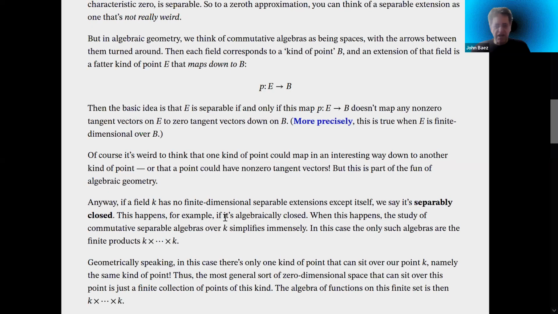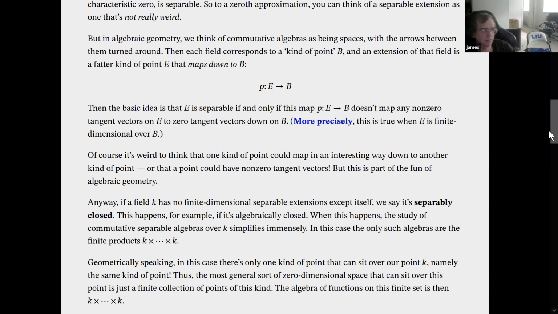So then it turns out that all the commutative separable algebras over that field are just finite products of copies of that. So that's sort of like saying that in that case you've got a point that's so nice that the only kinds of cover-like things of this type that we're talking about are just finite collections of that point.